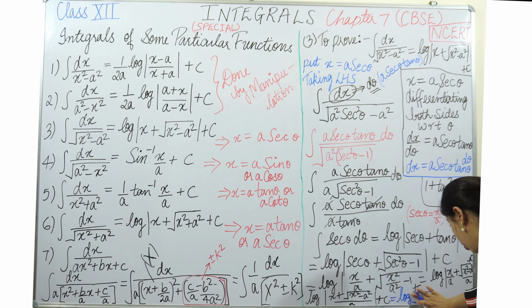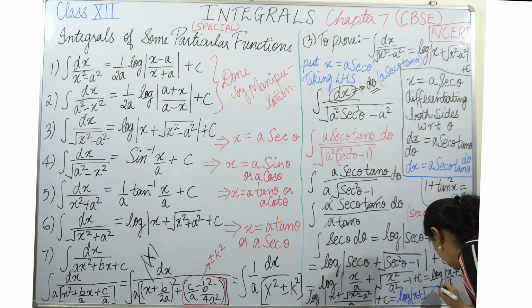Okay, so it will be log x plus under root x square minus a square minus log a plus c. So these are the constants, minus log a plus c. Log a is a constant, it will definitely come some constant value.